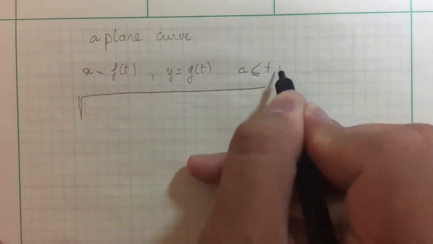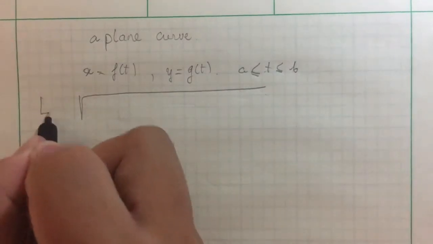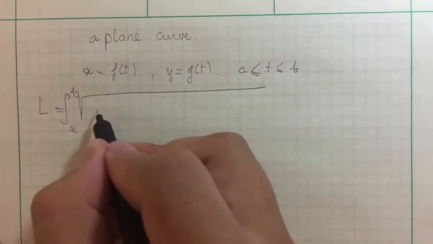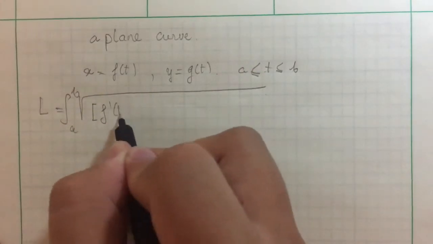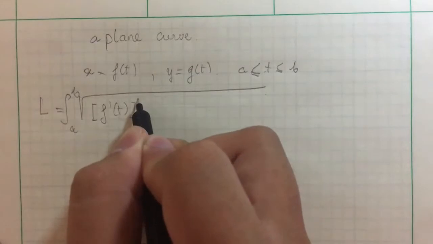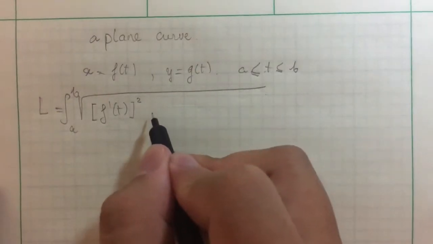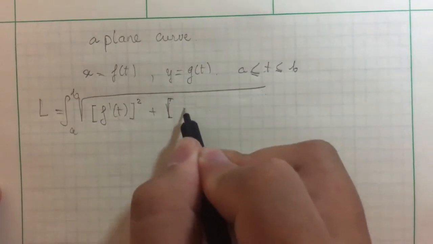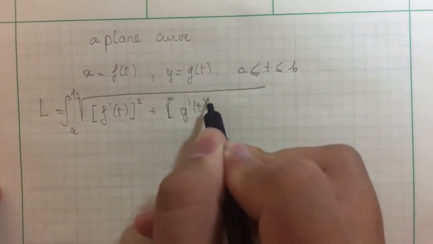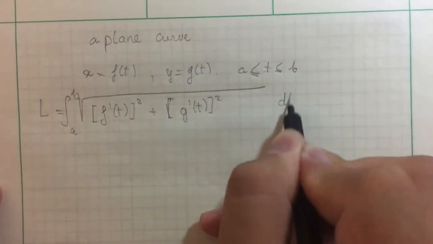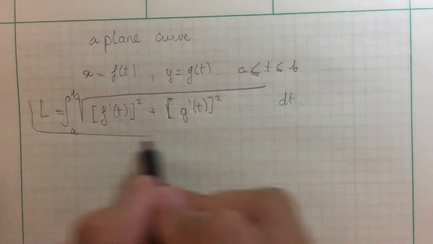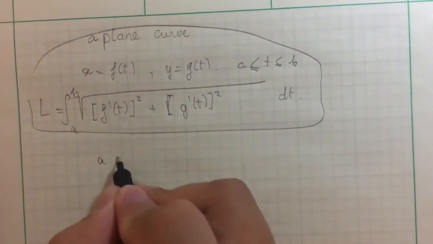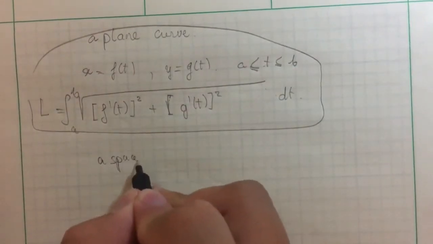Then the length is equal to the integral from a to b of the square root of the first derivative of f of t squared plus the first derivative of g of t squared, dt.